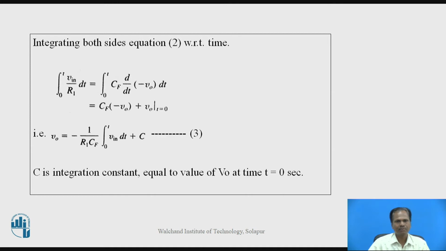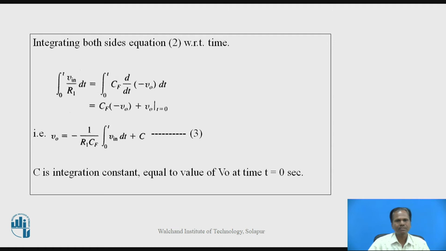So after simplification, we get Cf into minus Vo plus Vo at time t equal to 0 seconds. The final equation for output voltage of integrator is Vo equal to minus 1 upon R1 Cf times the integration of input voltage Vin with respect to time for time interval 0 to t seconds, plus C, where C is a constant of integration. It is proportional to the value of output voltage at time t equal to 0 seconds.